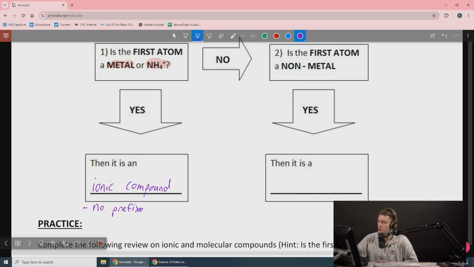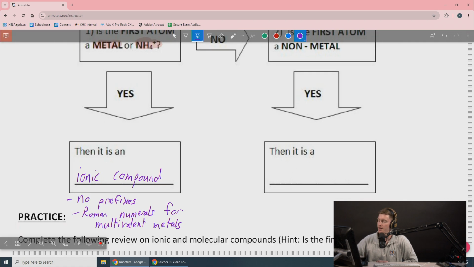And you will use Roman numerals for multivalent metals. Also, when building an ionic compound from a name, you have to make sure that you balance charges.